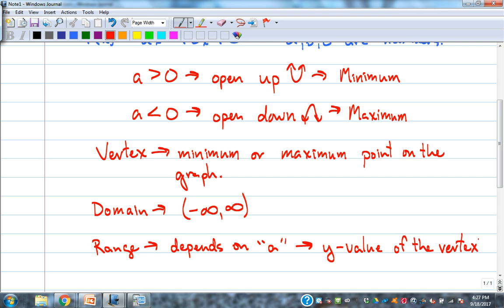If A is positive, then your range would be from the y value of the vertex to positive infinity. If A is negative, it'd be from the y value of the vertex to negative infinity. Those sort of things happen there.